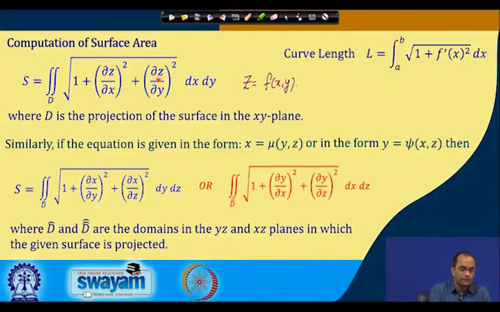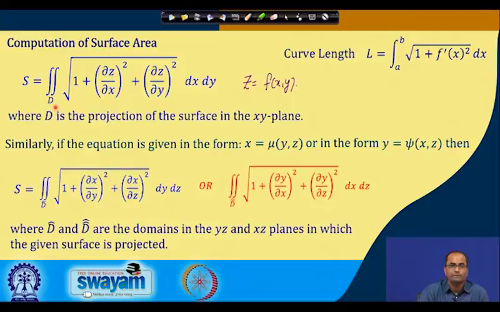Remember, when we computed the volume under that surface over the xy plane, instead of this integrand we had the function f(x,y), and if you want to compute the area of the domain of integration, the area of D in this particular case, then we will just set the integrand as 1.